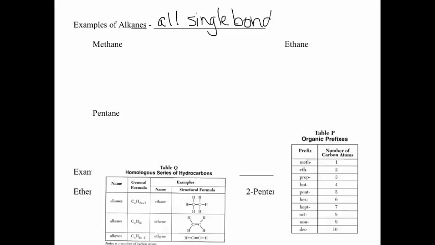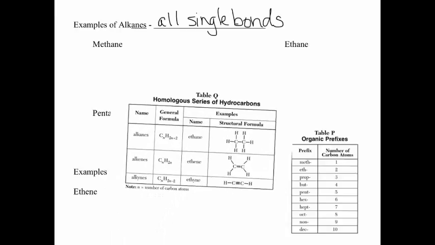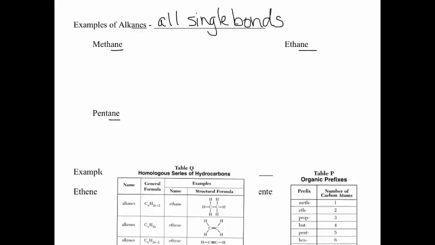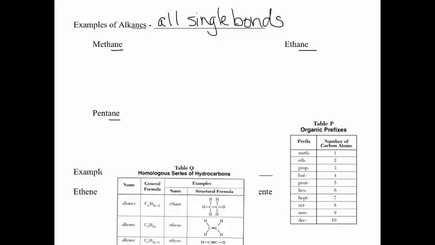You can remind yourself of that by looking in table Q, and you can see the example of the alkane that ends in ANE has single bonds between the carbons. So our first one here, all of these are ending in ANE, so we know that it's going to be single bonds, and then the prefix is going to tell us how many carbons we have.